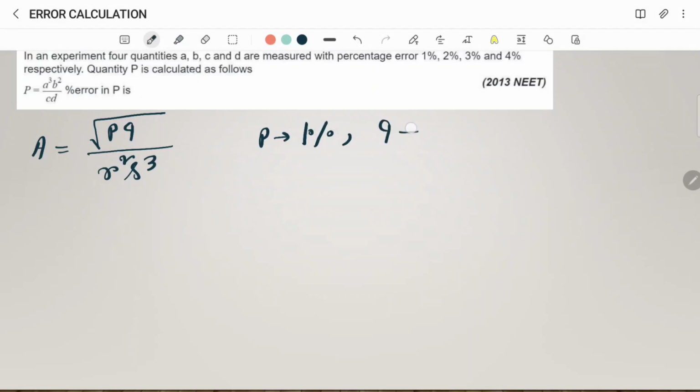The error in measurement of Q is 3%, R is 0.5% and S is 0.33%.